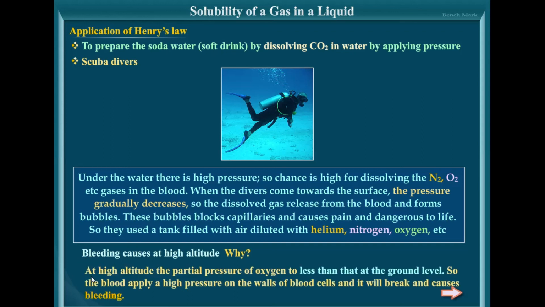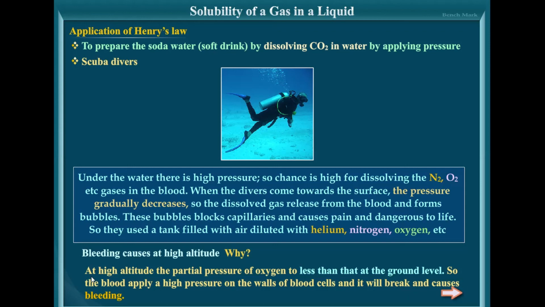The next is bleeding at high altitudes. Why? At high altitudes, the partial pressure of oxygen is less than at ground level. So the blood applies high pressure on the walls of the blood cells, and they will break and cause bleeding. The next application is in lungs.